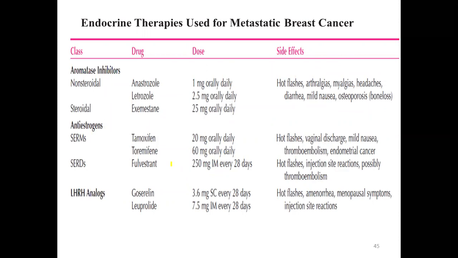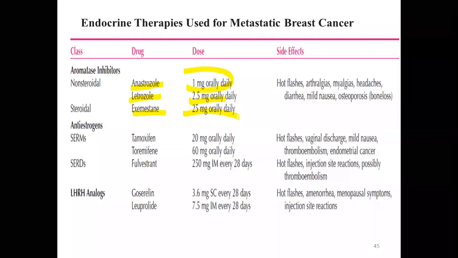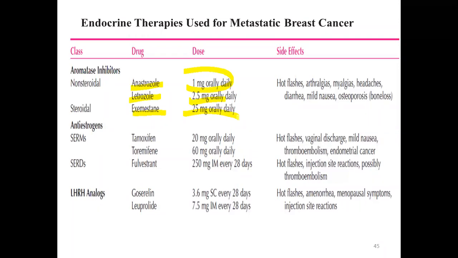The non-steroidal ones are anastrozole 1 milligram and letrozole 2.5, and exemestane is steroidal, which is 25 milligram. I think I mentioned something about non-steroidal and steroidal aromatase enzyme inhibitors. There is no difference in outcome, despite the steroidal ones being irreversible inhibitors of the aromatase enzyme.